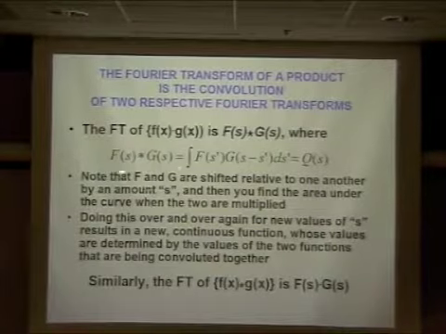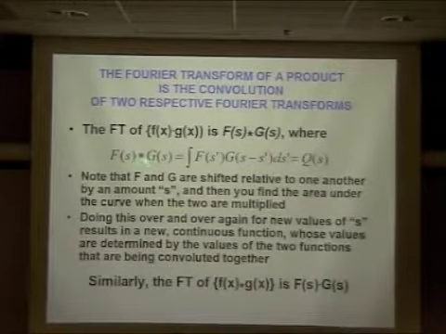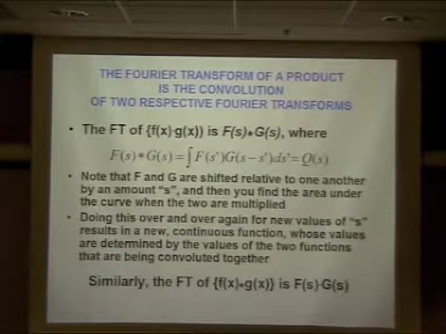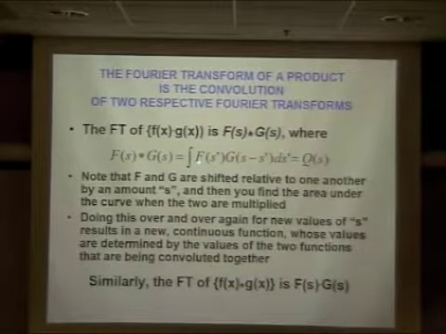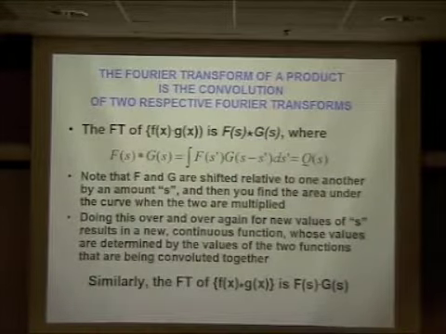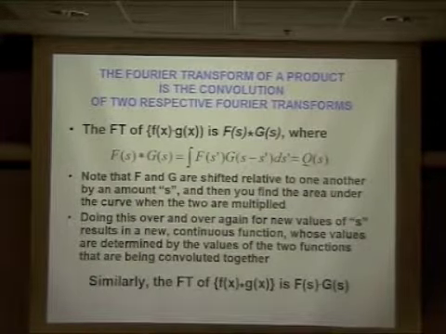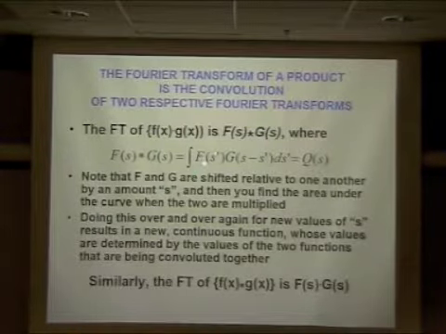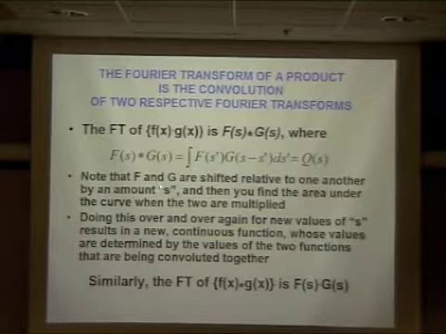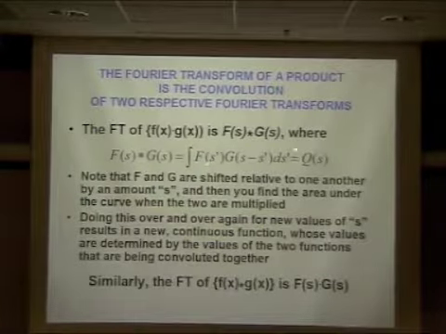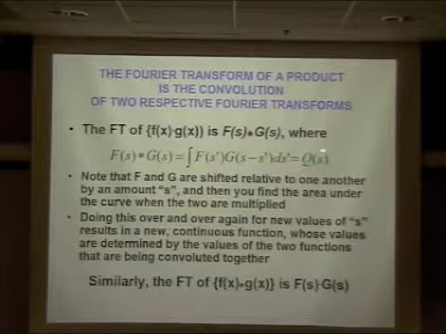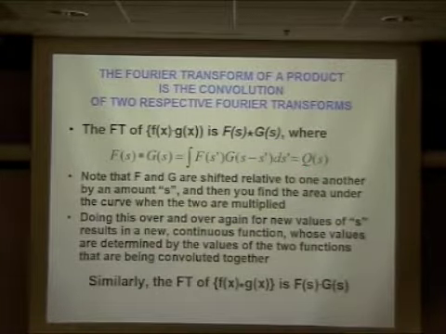And their convolution product involves a real multiplication of the function f times the function g, but one of these has to be shifted. It goes to a different frequency. So if f is being evaluated at the frequency s prime, then g has to be evaluated at the frequency s minus s prime. And then you integrate over all possible values of s.